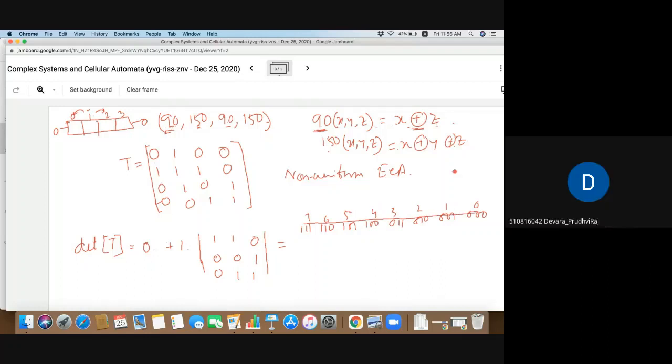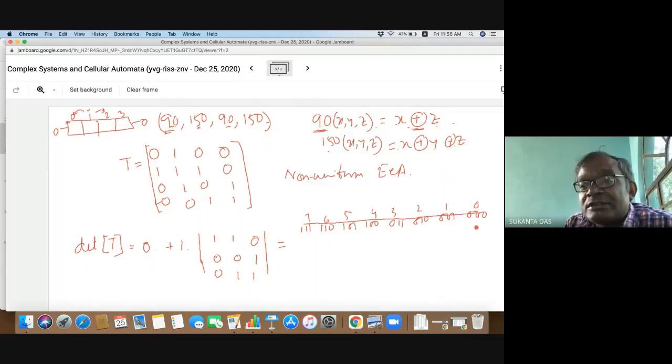Now in case of rule 90, it is actually 0 1 0 1 1 0 1 0. It is rule 90. So I have written it.